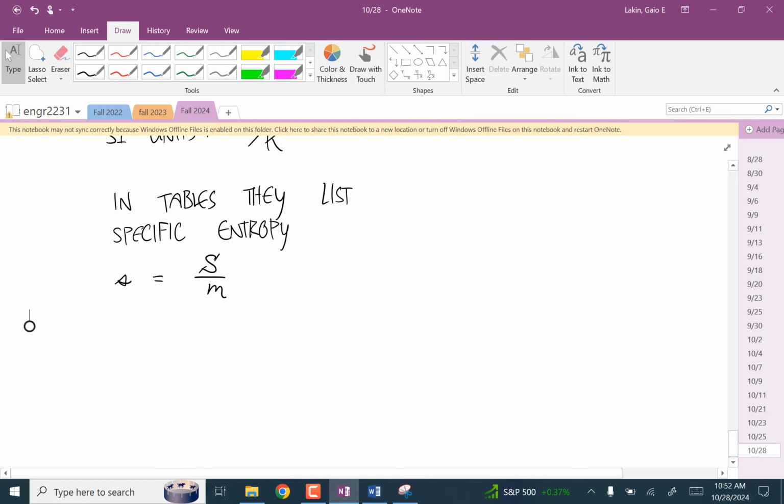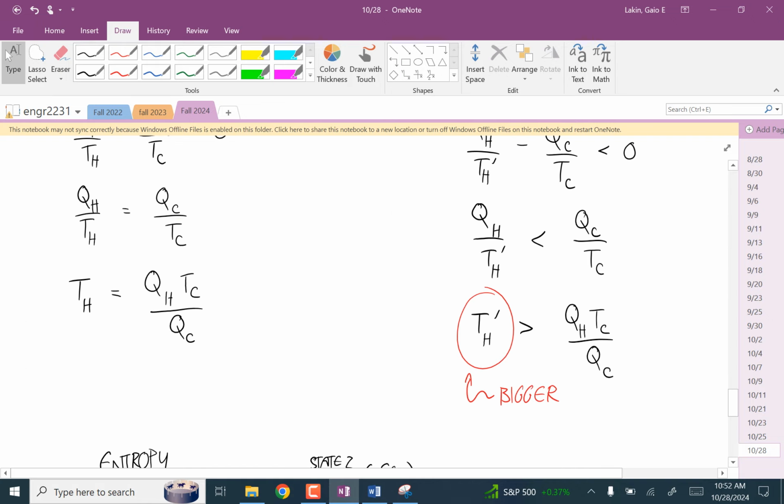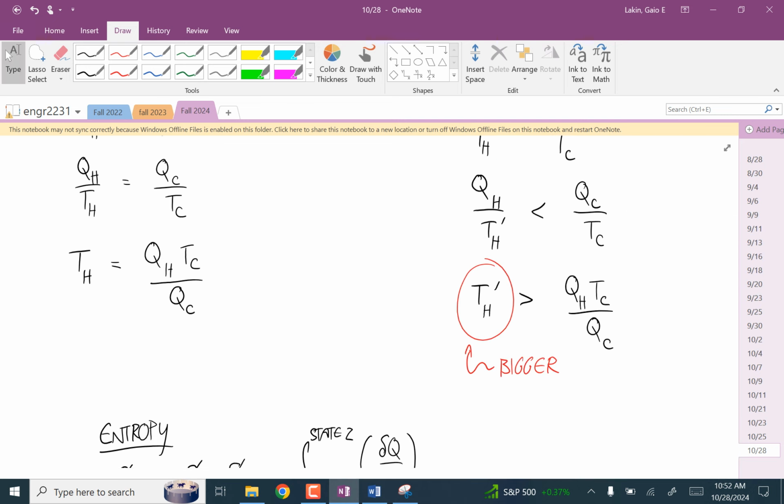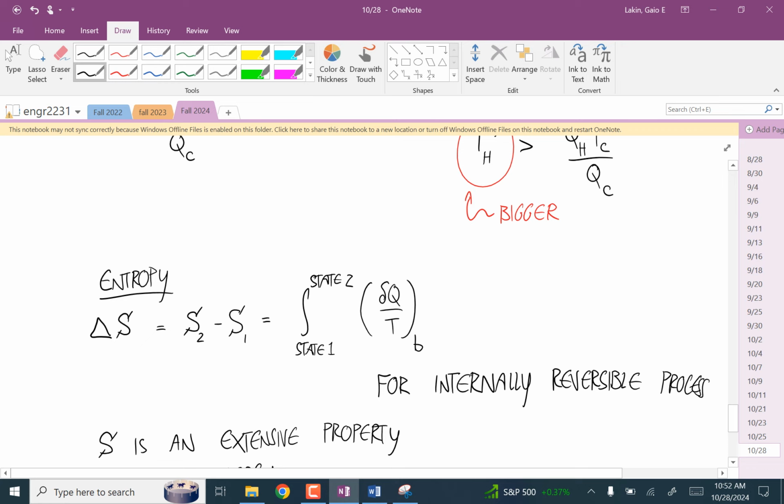Okay, well, this way of calculating entropy with this integral involving heat transfer, usually we don't want to do that, but there are ways to calculate the entropy without using this integral definition, and so we'll get into that next time. That's the TdS equations. Have you ever seen that in chemistry or anything?